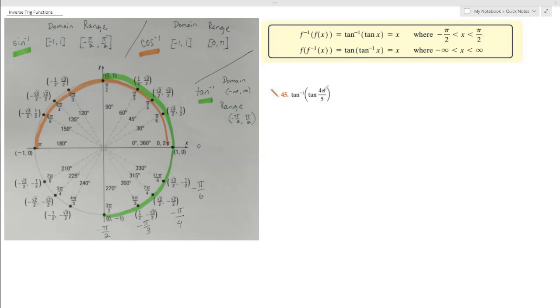So the 4 pi over 5 angle is going to be somewhere around here. So this would be 1 pi over 5, and then 2 pi over 5, 3, and 4 pi over 5 is going to fall somewhere around here.